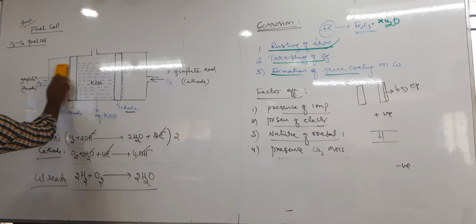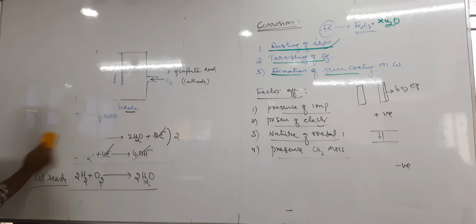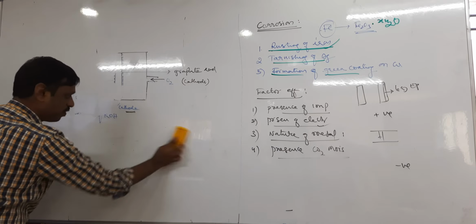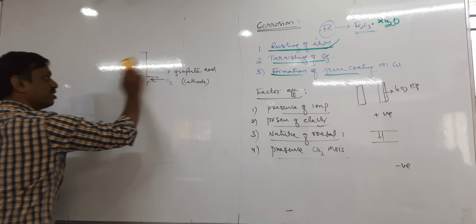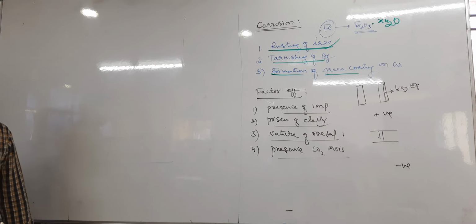Now, the important concept: why are we studying corrosion in electrochemistry? Even though it is a general topic, we could have studied it in environmental chemistry, which we have in first PUC. But we don't study it there.